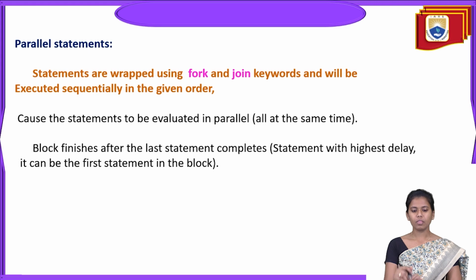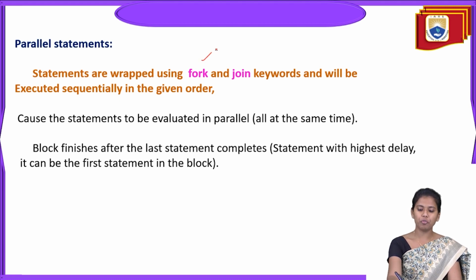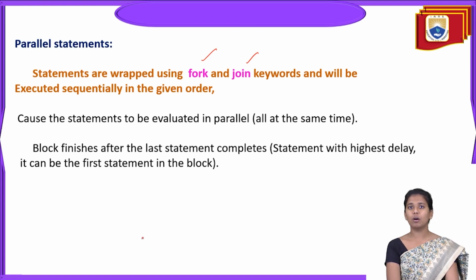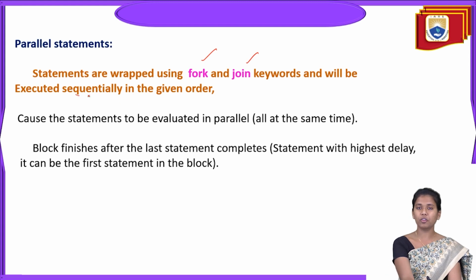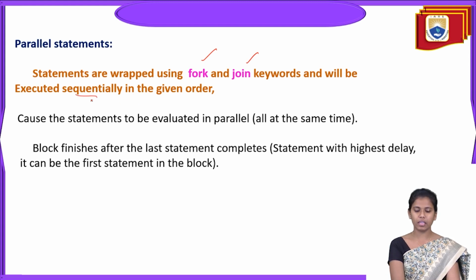Then coming to the parallel statements. What do parallel statements mean? Parallel statements are nothing but statements wrapped using the fork and join keywords. Even though the statements are written parallelly, when it comes to execution, the statements will execute sequentially in the given order.